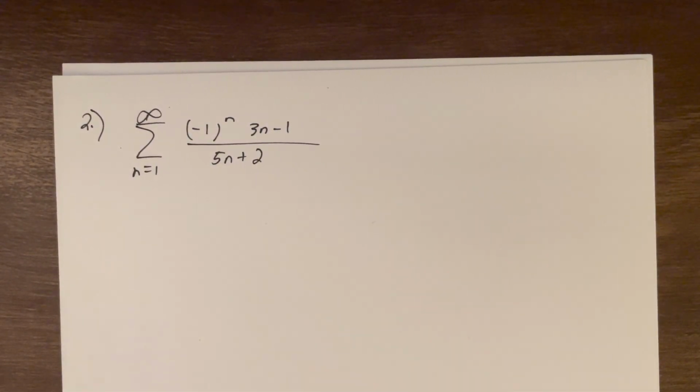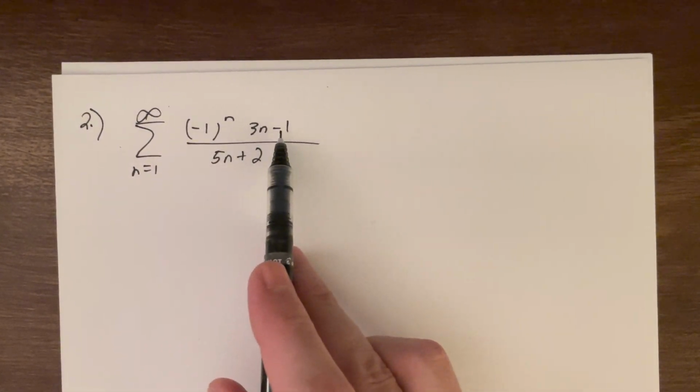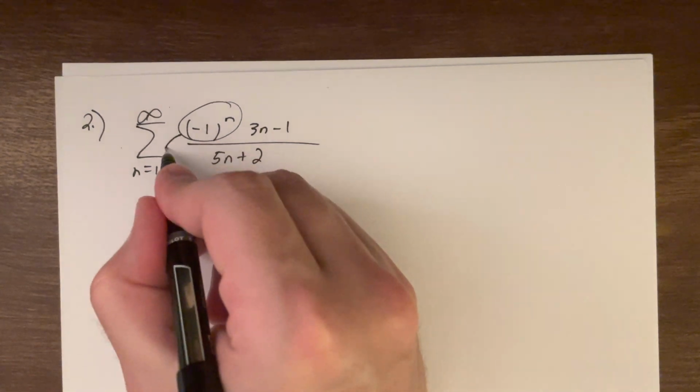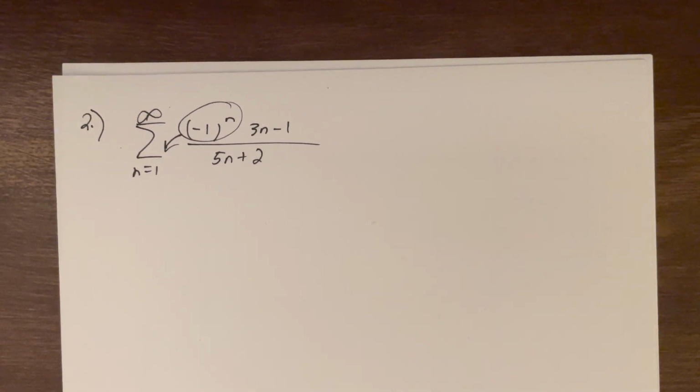Well, one very tiny thing here. This (-1)^n is technically a part of the numerator, but no big deal kicking that out in front. That's just a tiny little move, but again, hopefully this is just as obvious as the first problem, that that minus 1 really, really stands out, so that this is an alternating series.